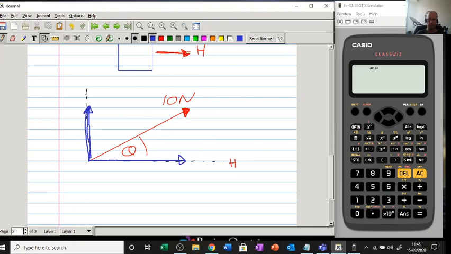So horizontal component, we call that FH perhaps, and we can call the vertical component FV for vertical. So these two forces will result in this resultant force here.